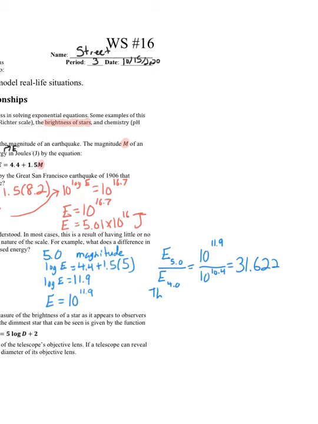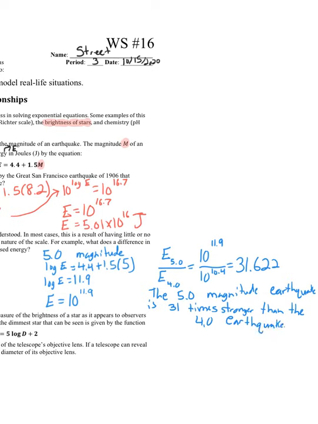So I'm sorry, we're not saying this earthquake, we're saying the 5.0 magnitude earthquake is 31 times stronger than the 4.0 earthquake. Okay, so the 5.0 is 31 times stronger than the 4.0.